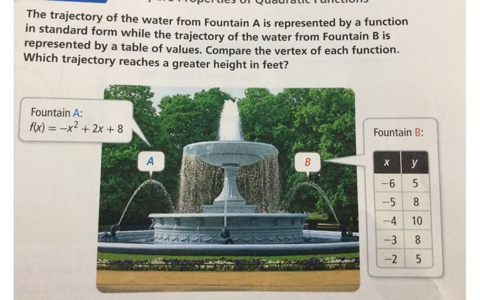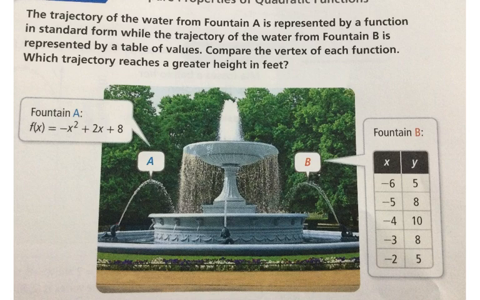So what is the vertex? Well, the vertex is going to be at x equals 1. How can I find that y value? Well, it's in the equation. I take 1 and plug it in for x in my original equation to find the y value.